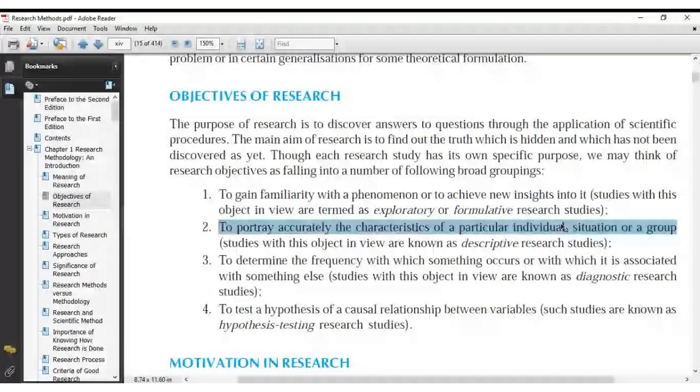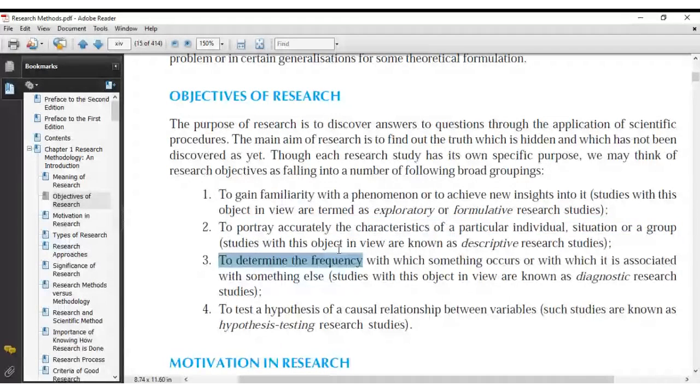Then number three is to determine the frequency with which something occurs, or with which it is associated with something else. Now let's first deal with the first part, to determine the frequency with which something occurs. Research will help you to understand how many times a particular phenomenon occurs.